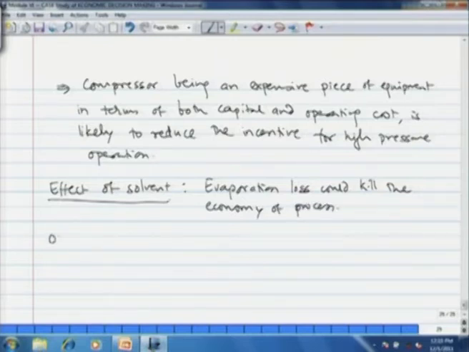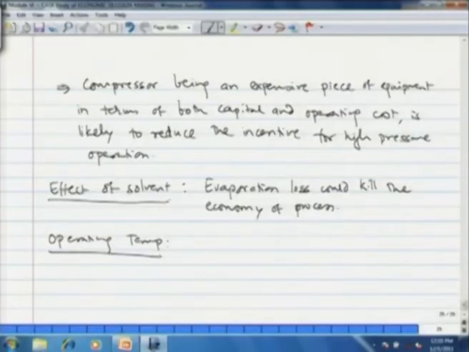Now, operating temperature, that is another design variable. Operating temperature will increase gamma, the activity coefficient. That means, for the same extent of absorption, you will need more water.